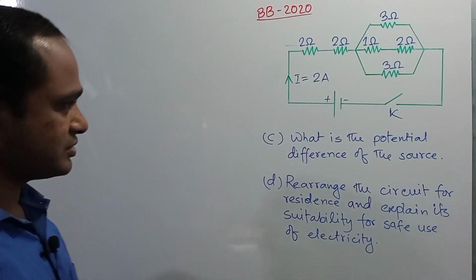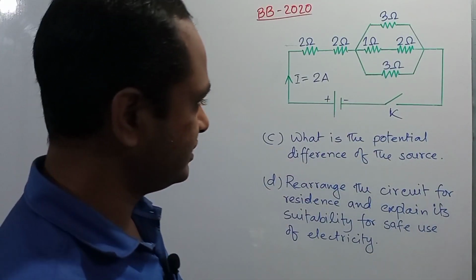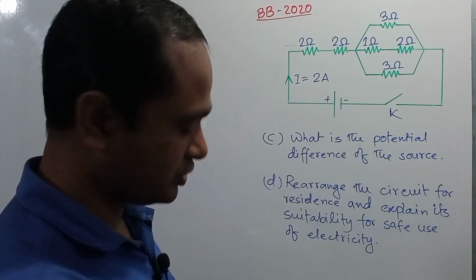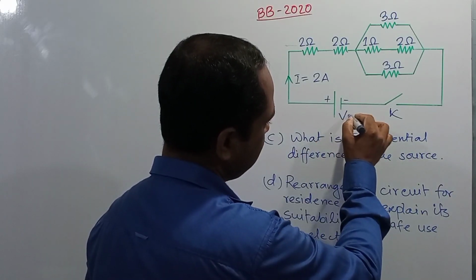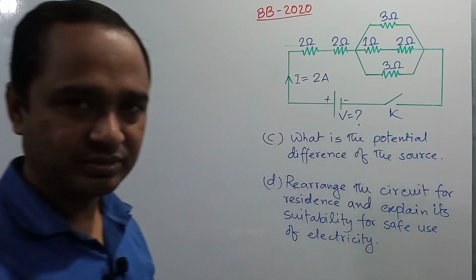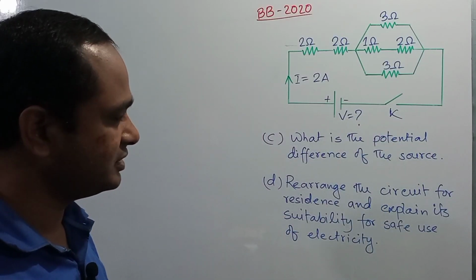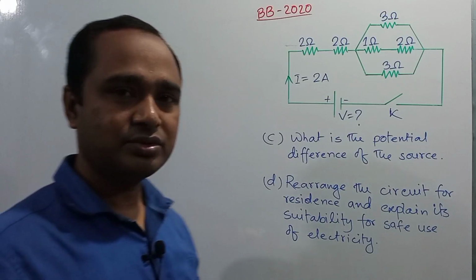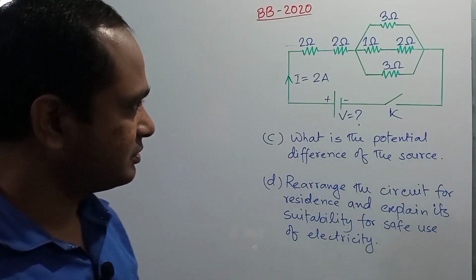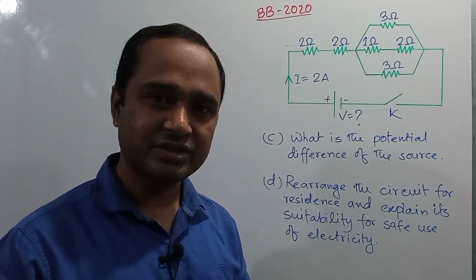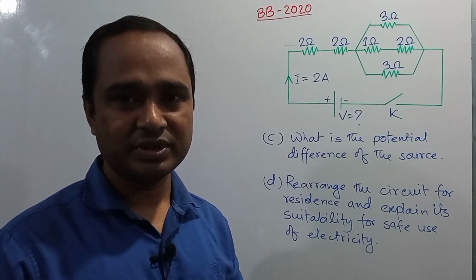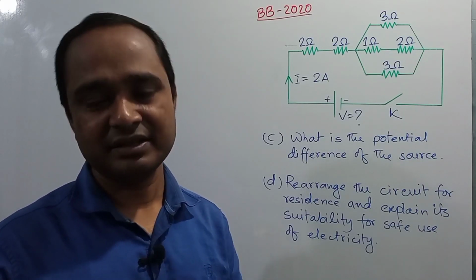So the first question is: what is the potential difference of the source? V is equal to what? We need to determine the potential difference of the source. You know, according to Ohm's law, if we would like to determine the potential difference, V is equal to IR, that is, we need electric current and resistance.